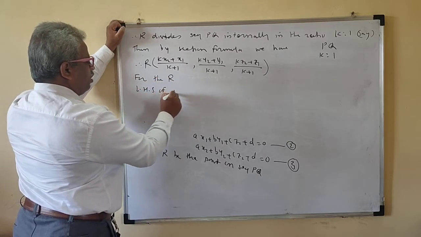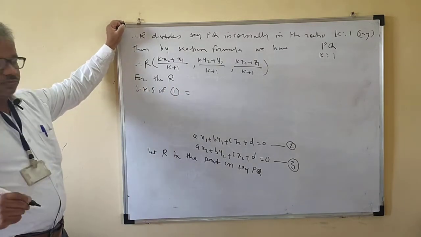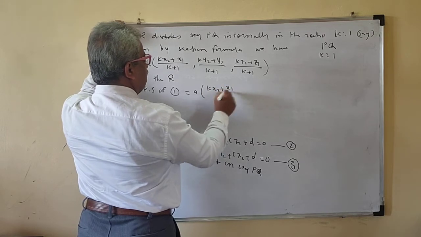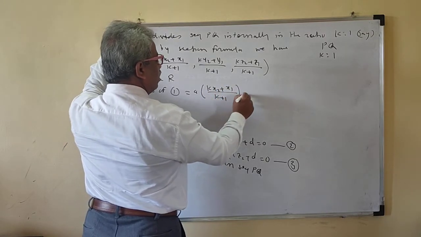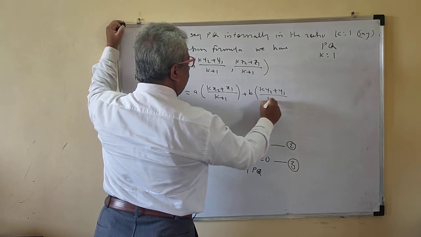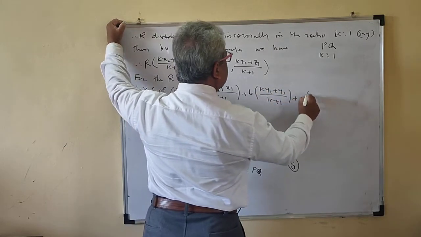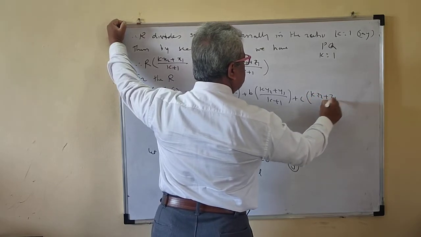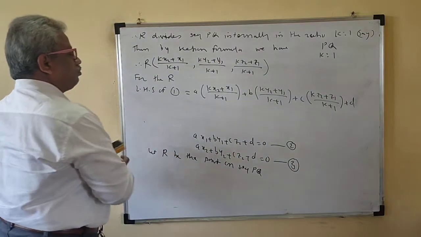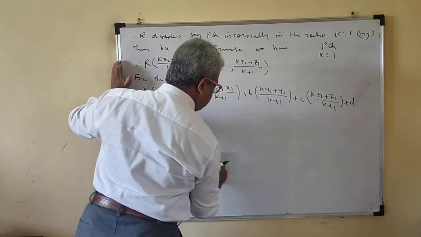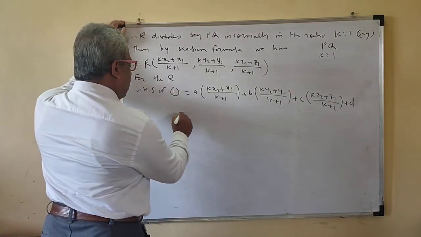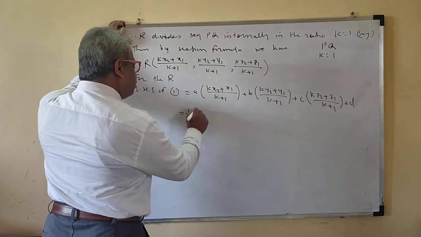LHS of 1: A into (k x2 plus x1) upon (k plus 1), plus B (k y2 plus y1) upon (k plus 1), plus C (k z2 plus z1) upon (k plus 1), plus D. What I will do, I will take 1 upon k plus 1 common.